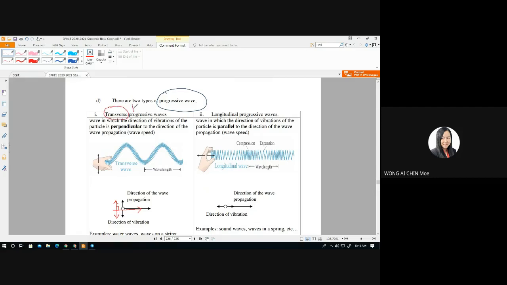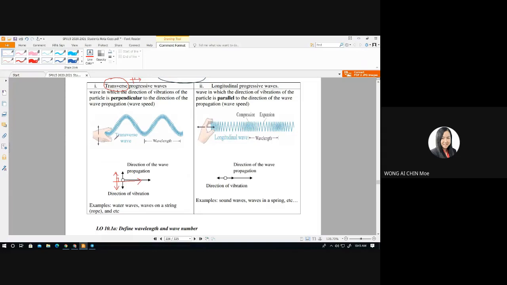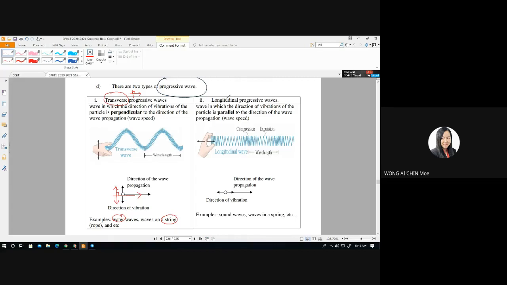So this is transverse wave. Transverse wave meaning that it is perpendicular. Okay, so examples of transverse progressive wave are water wave, wave on the string, for example, rope. Okay, the second type of progressive wave is the longitudinal, where the direction of the vibration of the particle is parallel.